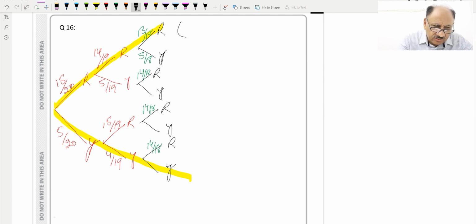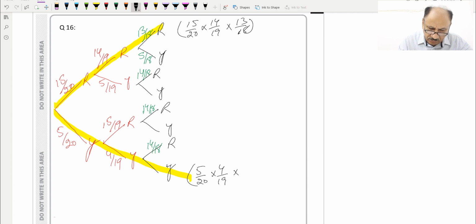So we can calculate: this will be 15 by 20 into 14 by 19 into 13 by 18, and this will be 5 by 20 into 4 by 19 into 3 by 18. These two probabilities we will be calculating. What we are doing is taking 1 minus red, and plus yellow. So this is our strategy.